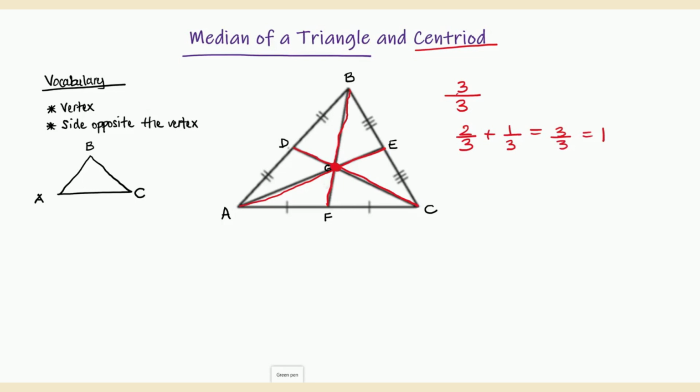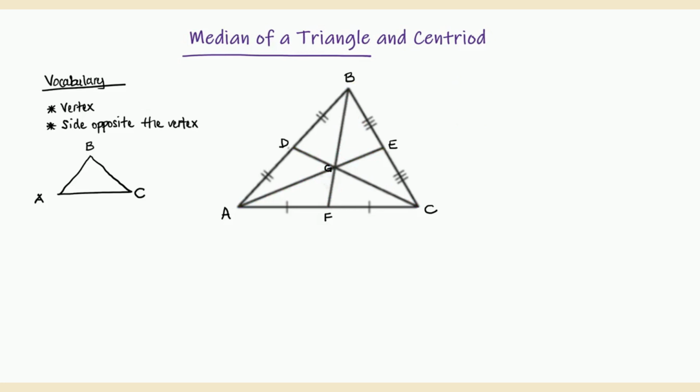The reason this is important is because the distance from your vertex to the centroid is 2/3 the measure of the entire median. So again, from the vertex to the centroid, and it could be any one, so from B to G, from A to G, or from C to G, represents 2/3 the distance of the full length of the median.